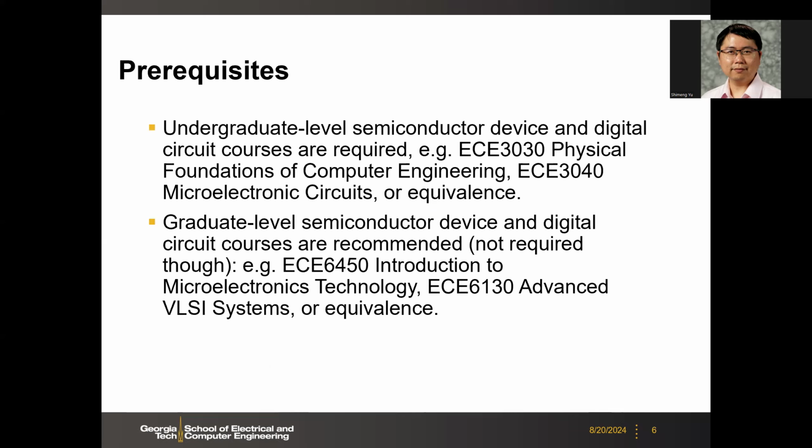And the prerequisites. If you are coming from Georgia Tech, then the undergraduate-level semiconductor device and digital circuit courses are required, like 3030 or 3040, or equivalent if you did your undergrad at other institutions. Basically, undergrad-level semiconductor device physics and digital VLSI courses are required.